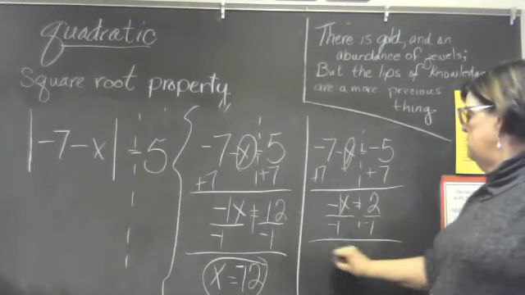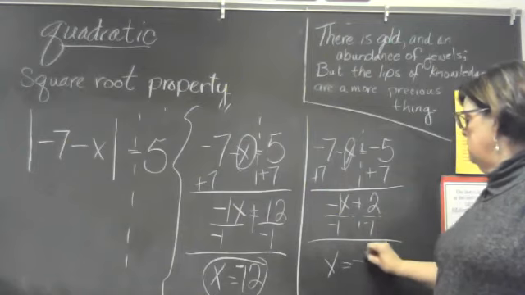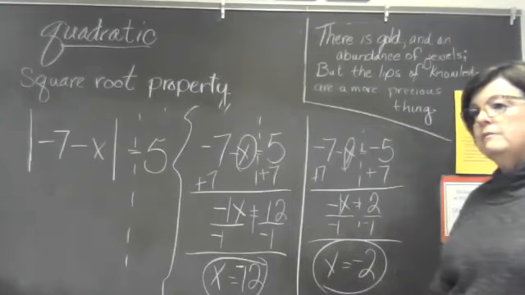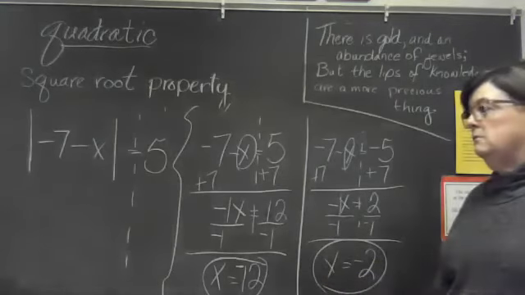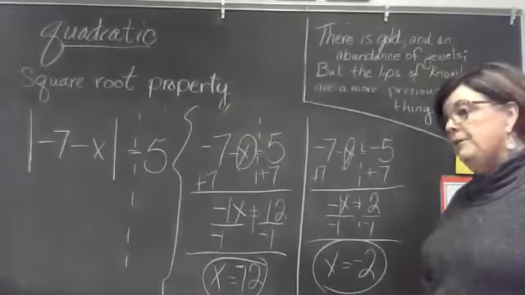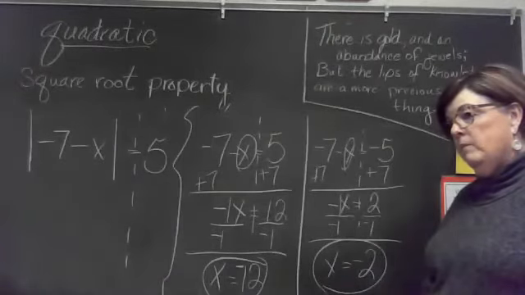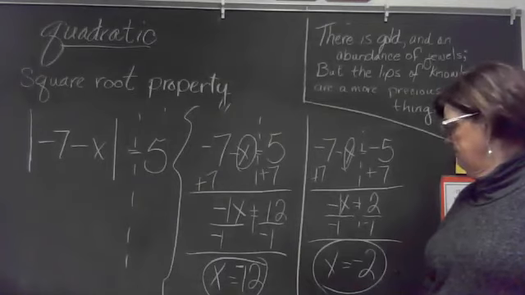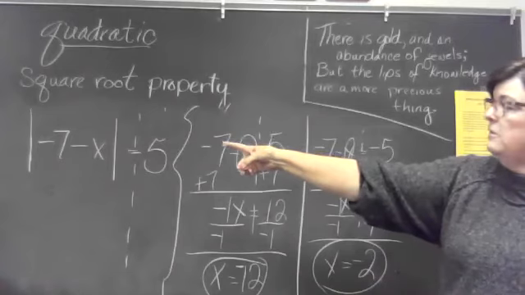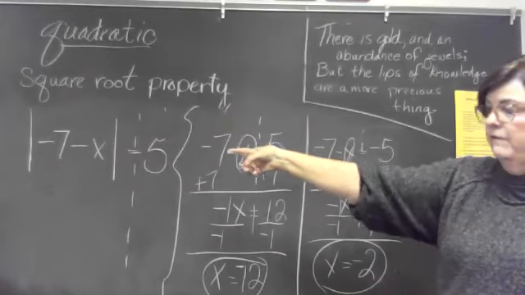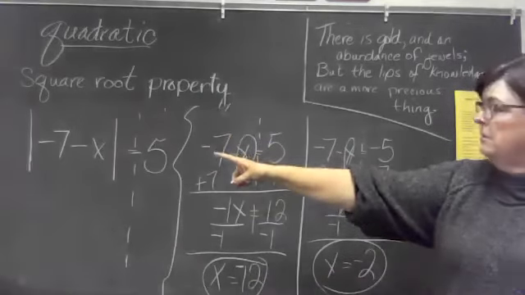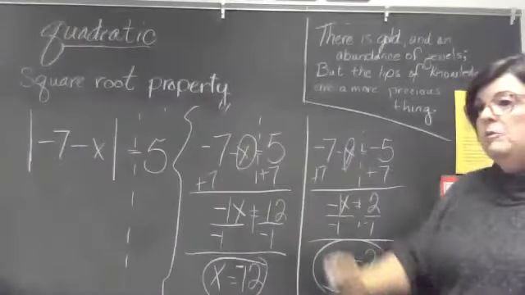So now x also can equal a -2. It can equal a -2. If you plug a -2 in for x, that will work and equal 5. If I plug in a -12 over there, if you work it out, it will become a +5.